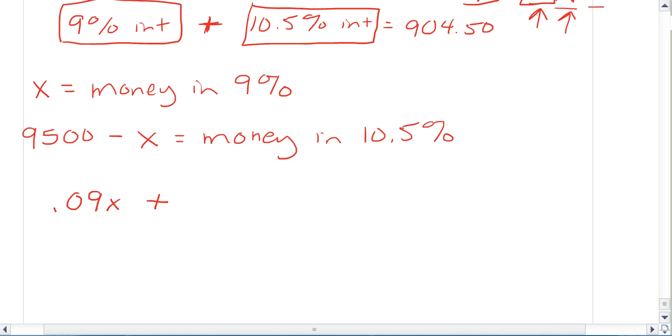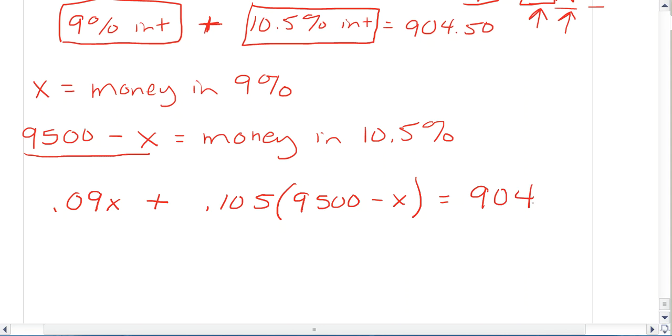I need to add to that the interest in the 10.5% account, again changing that to a decimal, 0.105 times the amount of money in the account, 9,500 minus x, and these two accounts' interests added together, he gets $904.50 a year.